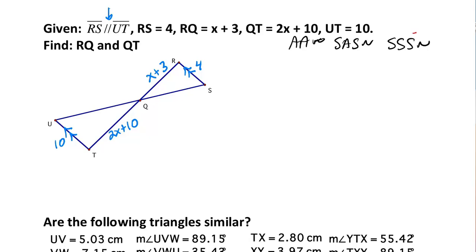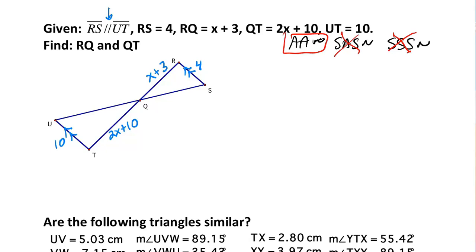We can't use side-side-side similarity since we don't know these sides, and really we don't know these sides either. Likewise, we can't use side-angle-side similarity since we don't know these sides, and again we don't know these sides. We only know one pair of corresponding sides.